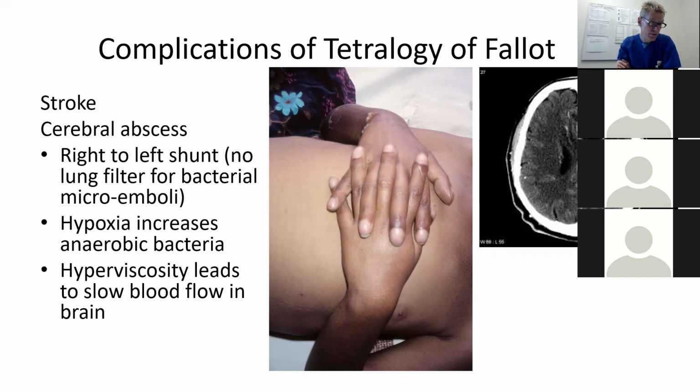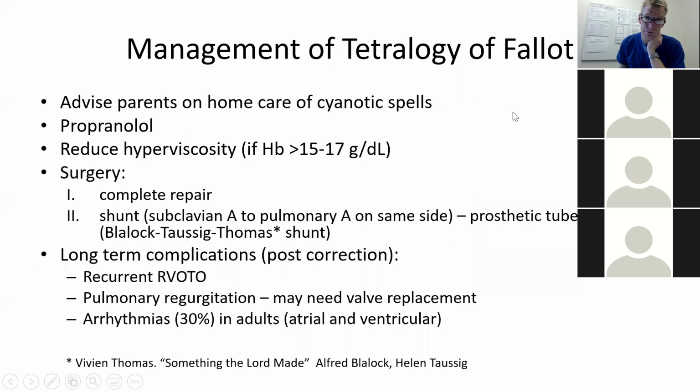And when, as you know, children have Tetralogy of Fallot, because of their hypoxia, they produce more red cells, so their hemoglobin might be 18 or 20, and then they get slow blood flow, particularly in the blood vessels in the brain, and that can lead to strokes. So for all of those reasons, children with Tetralogy of Fallot are more prone to strokes if they don't get repaired. If they have a surgical operation and they get repaired, then they're not really prone to strokes.